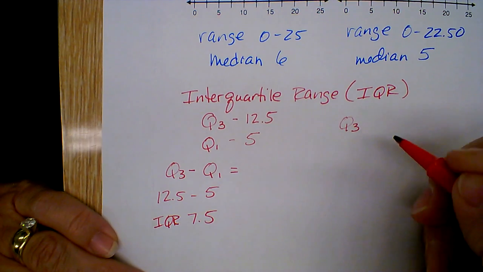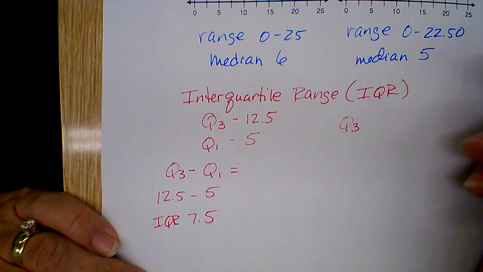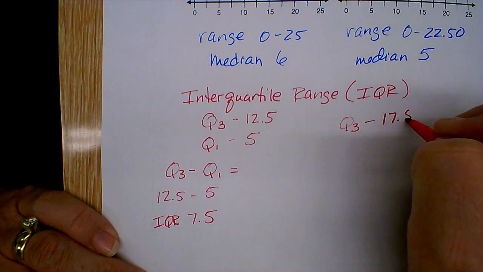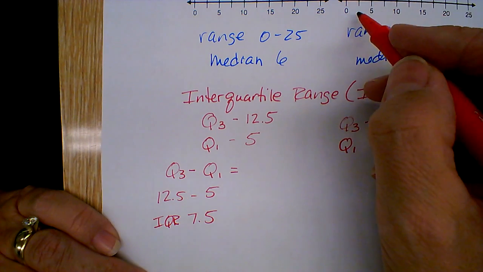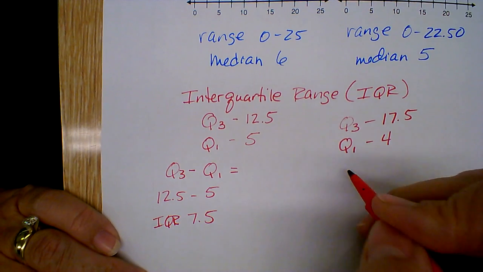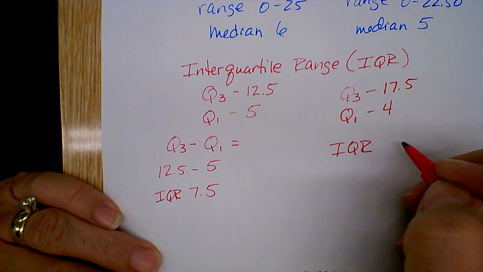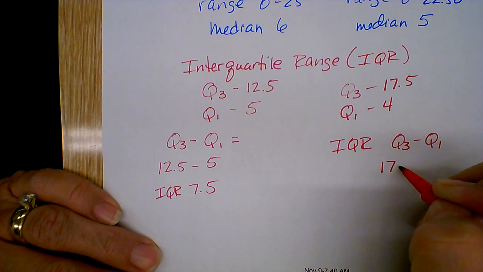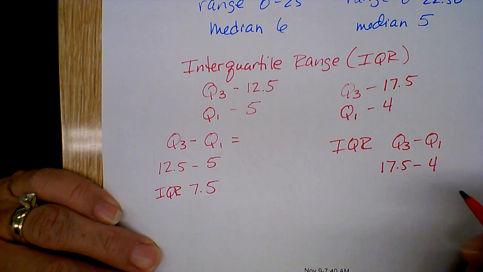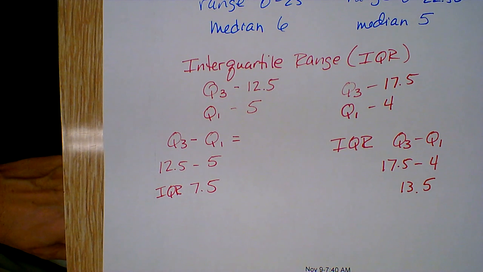Over for ticket 2, the third quartile is about halfway between 15 and 20, so that's about 17.5. And the first quartile is at 4. So our IQR would be the third quartile minus the first quartile, so 17.5 minus 4, so about 13.5.